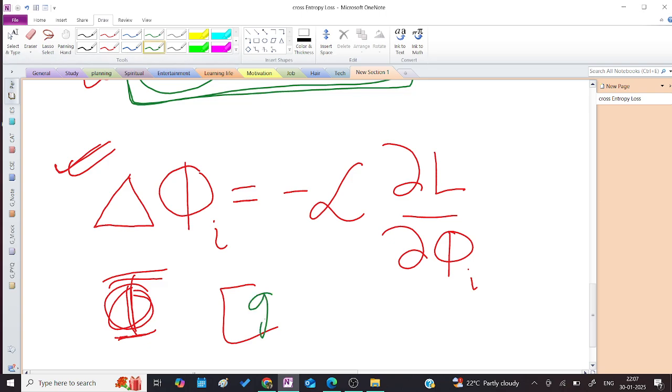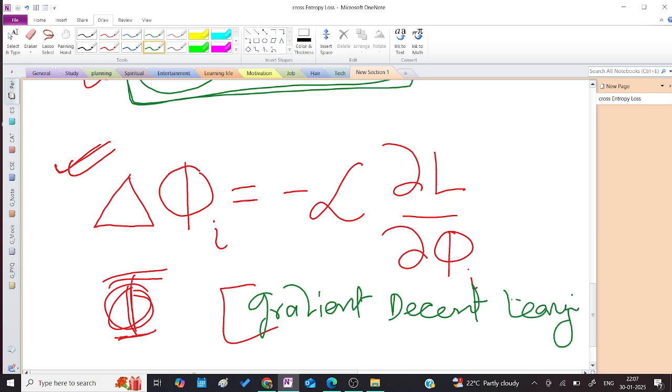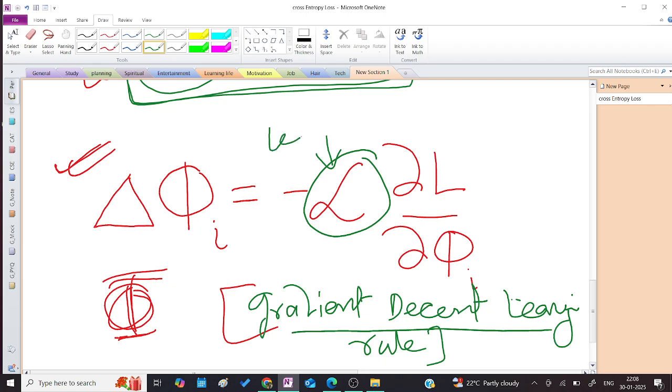Gradient descent learning rule, or simply gradient descent learning. Okay, where this is the learning rate, and capital L is the loss function, right?